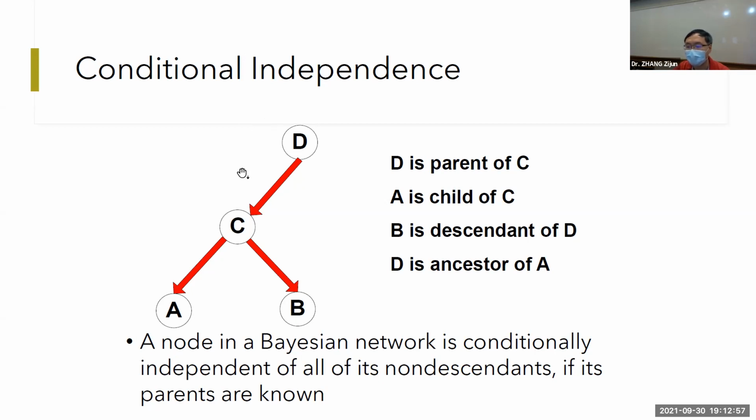It involves four variables, A, B, C, and D. You can see that D is pointing to C, where the arc starts from D pointing to C. So D is the parent of C. Okay, so we say D is a parent of C, which means C is the child of D.